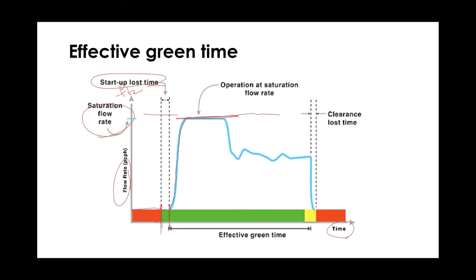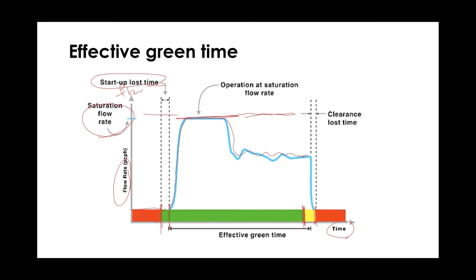And then it could continue with the saturation flow, or if the arrival rate is slowing down, the flow goes down. Then at the end, when the light turns yellow, not necessarily everybody is using the whole 2 or 3 seconds of their yellow time, right? Some vehicles decide to stop at the yellow time for safety purposes.